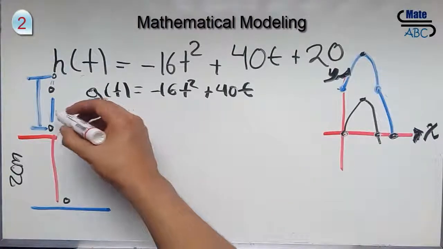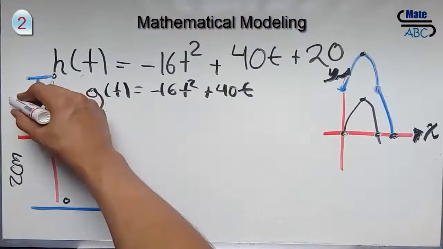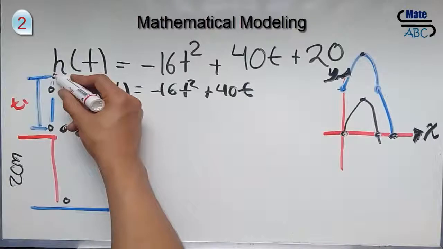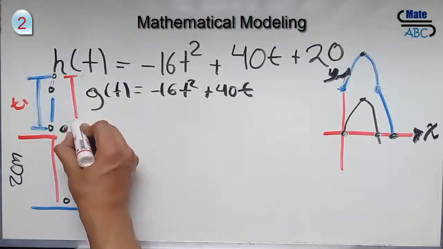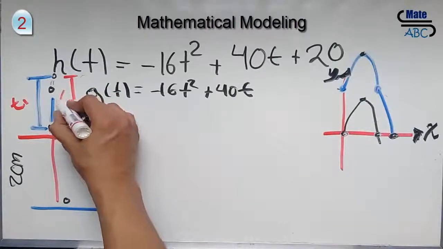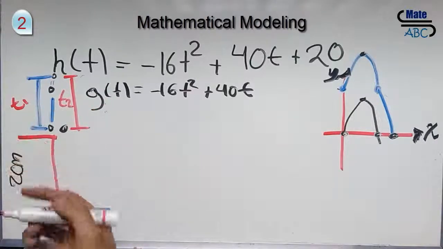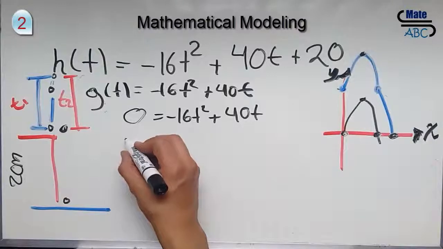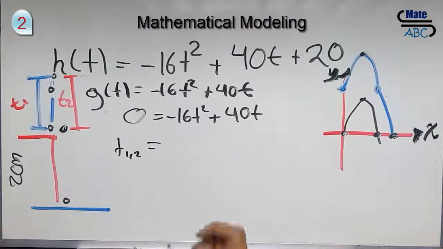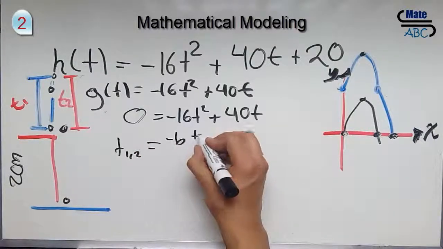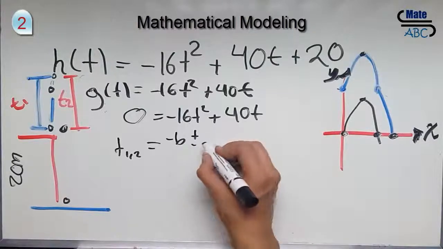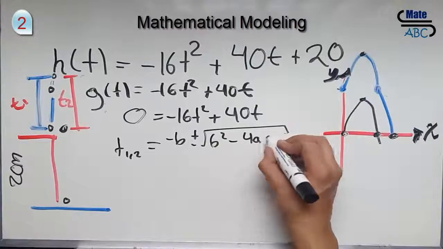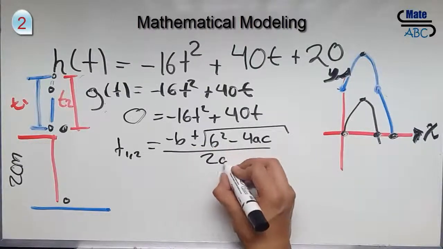By physics you will know that at this time t1 it reaches its peak, and this time 2 equals t1. But again, by the formula we will have that t equals minus b plus or minus the square root of b squared minus 4 times a times c, divided by 2a.